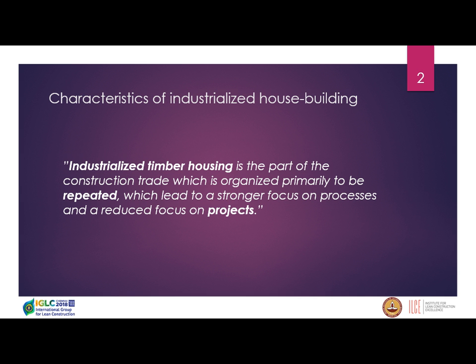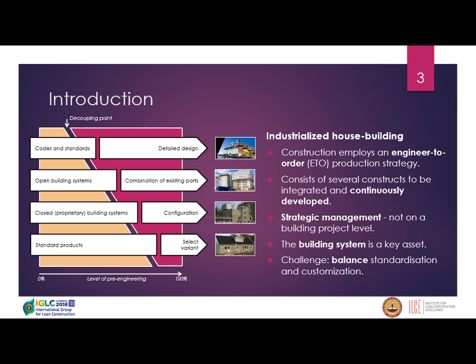This is a definition of that. Shamnat already talked about some of these production strategies, and that construction belongs to ETO, which is on the lower part of this figure to the left.